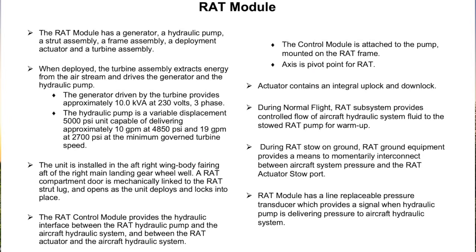The generator driven by the turbine provides approximately 10 kVA at 230 volts, three-phase. The hydraulic pump is a variable displacement 5,000 psi unit capable of delivering approximately 10 gallons per minute, GPM, at 4,850 psi and 19 GPM at 2,700 psi, which is at the minimum governed turbine speed.